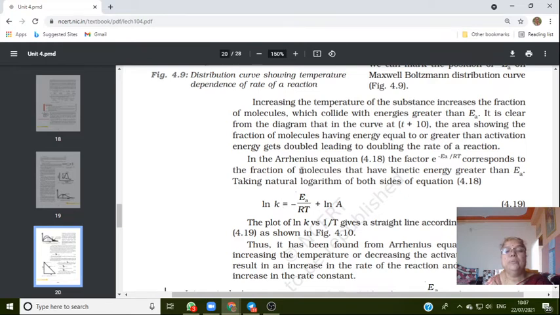Here, in the Arrhenius equation, the factor e raised to minus EA by RT corresponds to the fraction of molecules that have kinetic energy greater than EA. Taking the natural logarithm of both sides, we get ln k equal to minus EA by RT plus ln A.